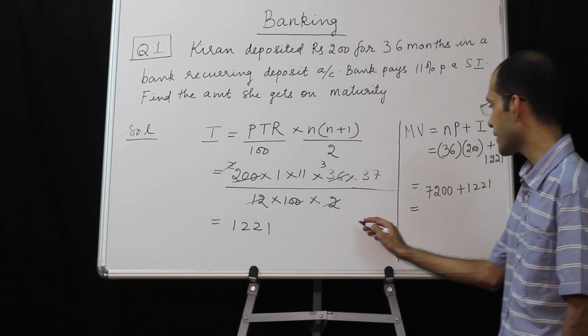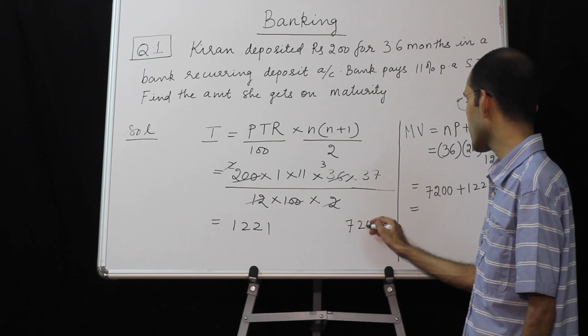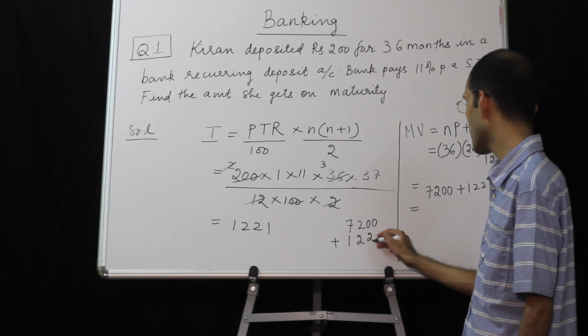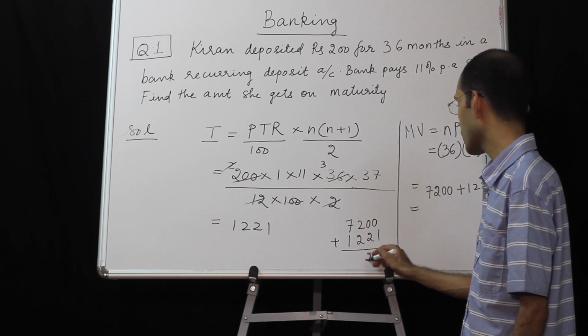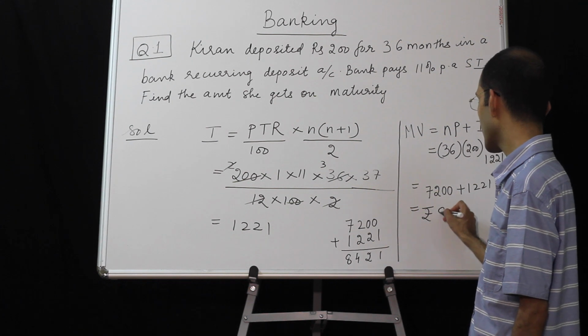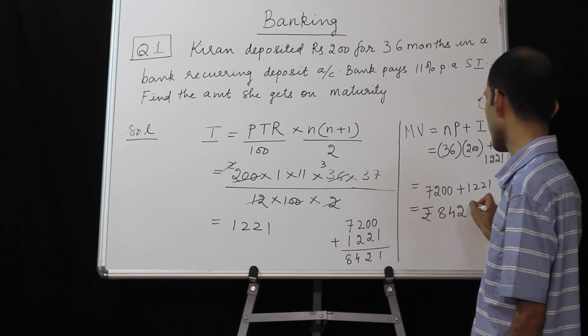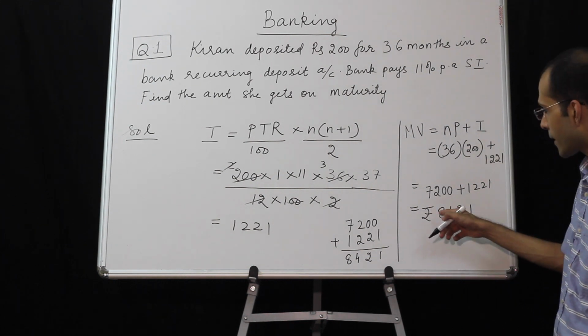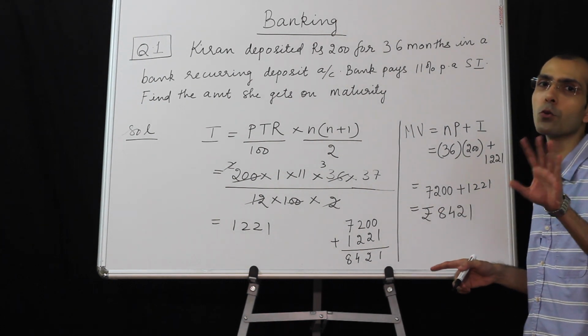Let us add and see. 7200. This you can do in the rough work column. 1, 2, 4 is rupees 8421. This is a new symbol for rupees. Write it correctly. It should not look like 2.